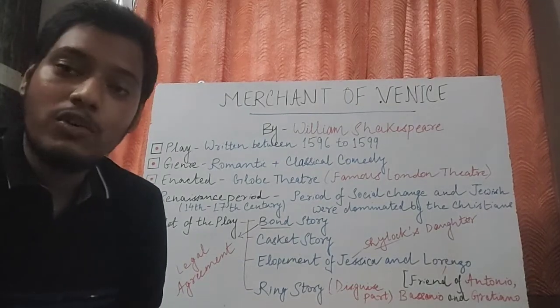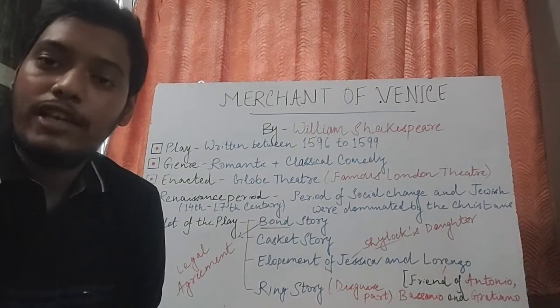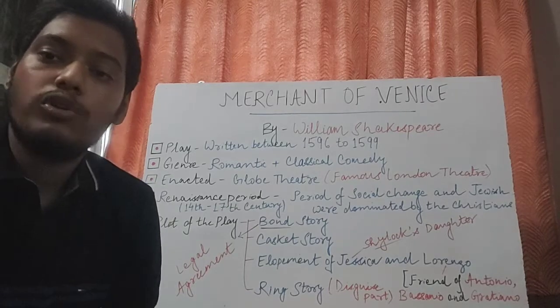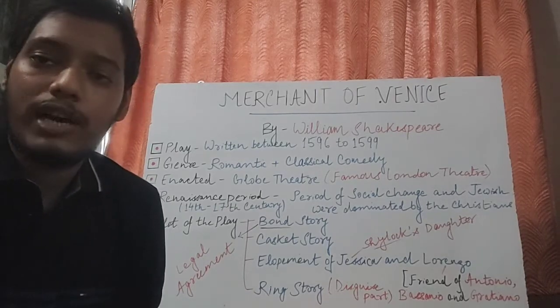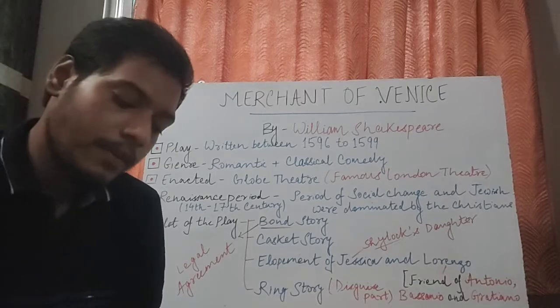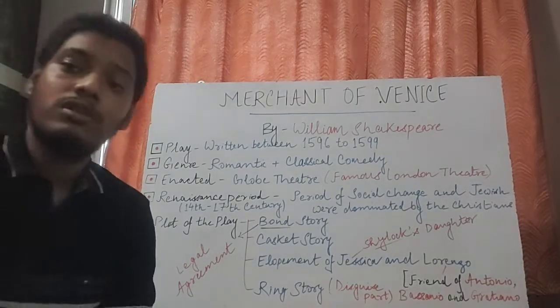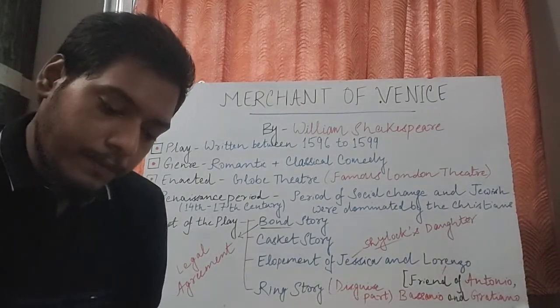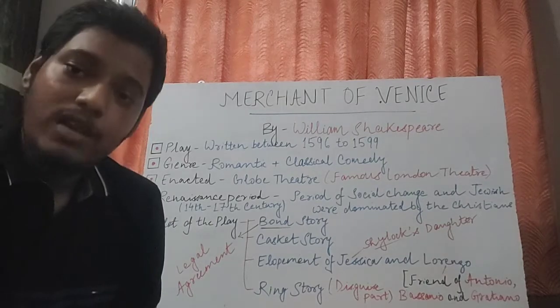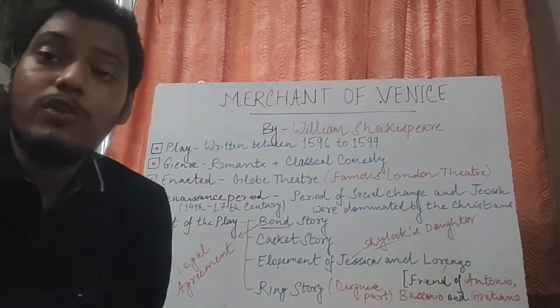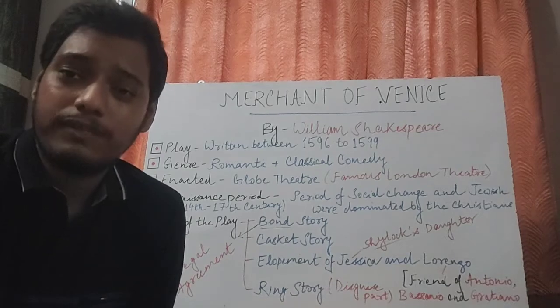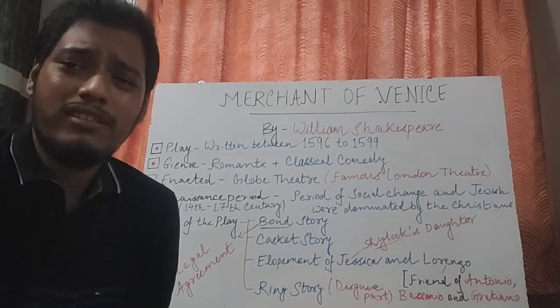Next is Bassanio. He is a friend of Antonio and he is also a suitor to Portia. He wanted to marry Portia. Let me tell you, Bassanio was a true lover, we can say. He was a true lover and he was also a spendthrift person. What do we mean by spendthrift?